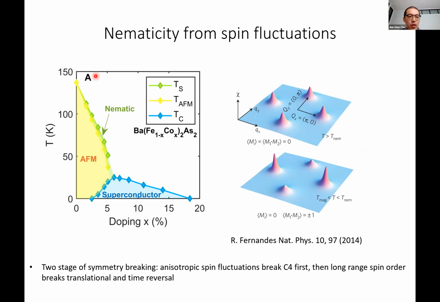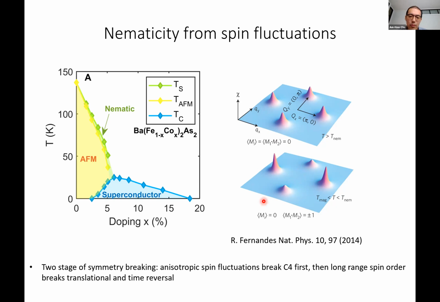So first, you can break the C4 symmetry, lowering the symmetry to C2, by developing a spin fluctuation anisotropy. For example, in the tetragonal paramagnetic phase, you have spin fluctuations both along the x direction and y direction, but once you enter the nematic state, the fluctuation is stronger along one direction than the other.